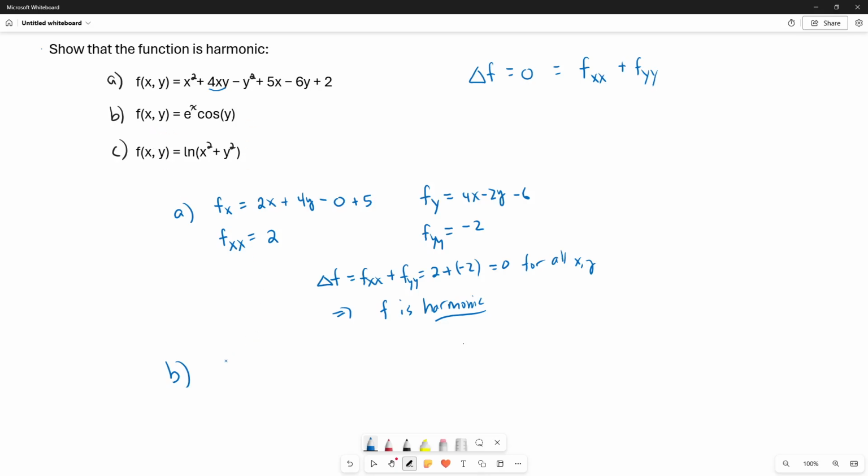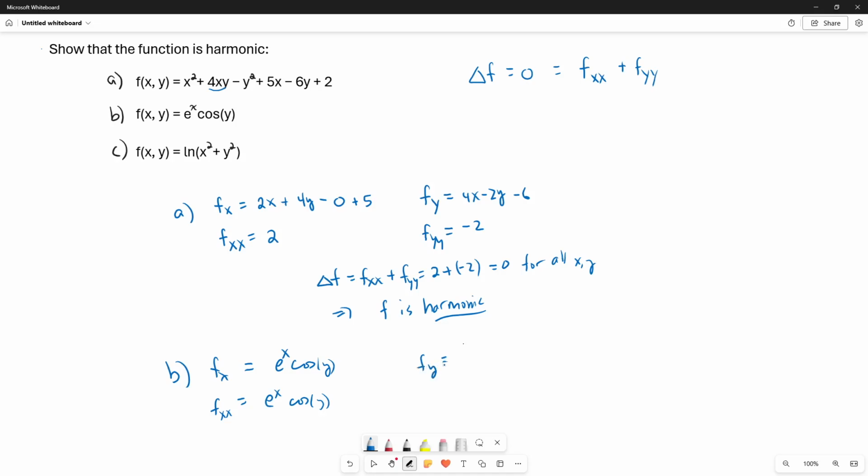Here's b, f sub x, the derivative with respect to x. Cosine y is a constant, and the derivative of e to the x is itself. So f sub x is e to the x cosine y, and f sub xx is again e to the x cosine y.